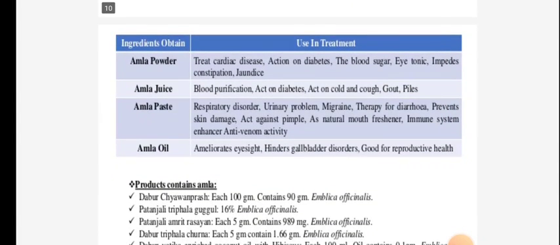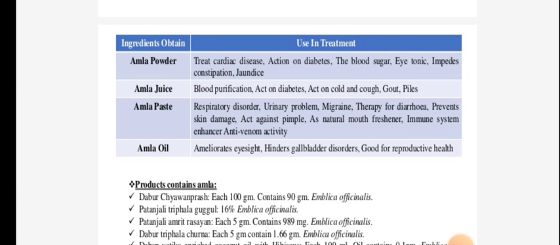Amla powder is commonly used for blood sugar, eye tonic, constipation, jaundice. Amla juice is good for blood purification, acts on diabetes, in cold and cough. Then amla paste for respiratory disorder, urinary problems, then migraine therapy and diarrhea.